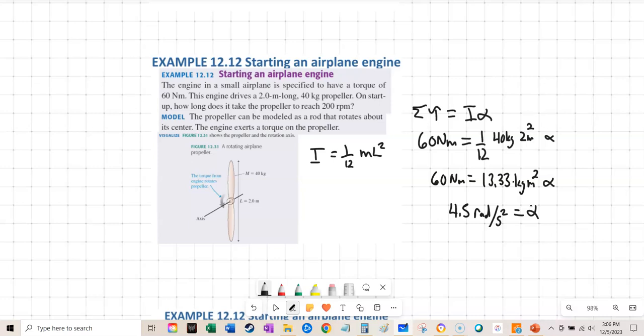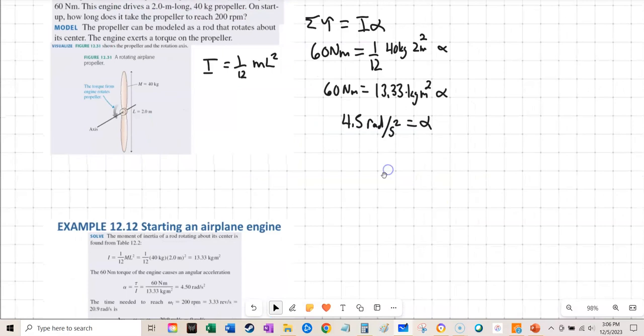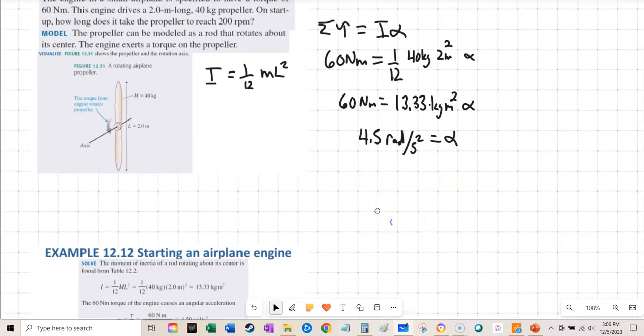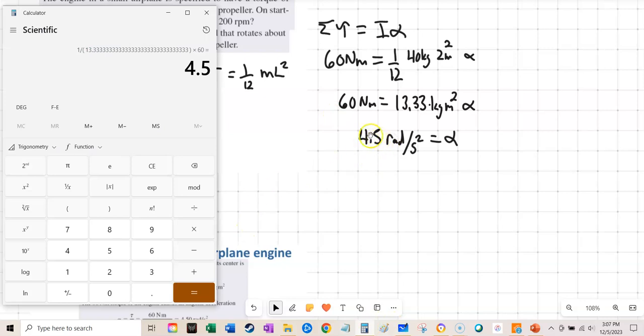And they want to know how many revolutions it makes to reach 200 rotations per minute. So what's your revolutions per minute? The first thing we should probably do is convert this from radians to revolutions per second squared, and then convert that to minutes.